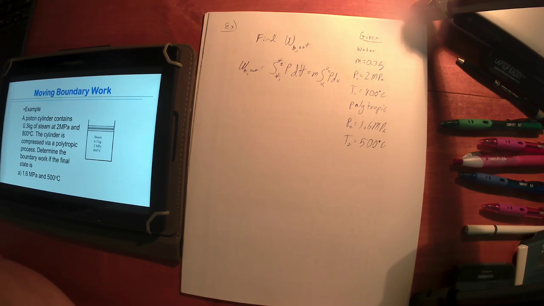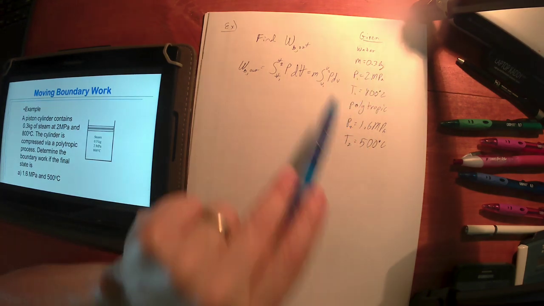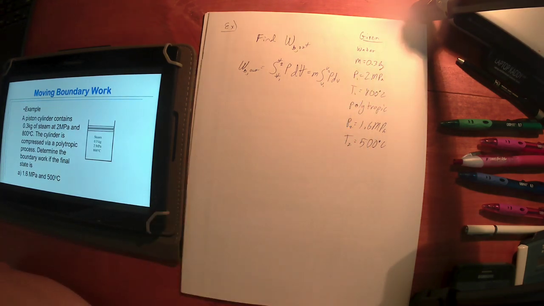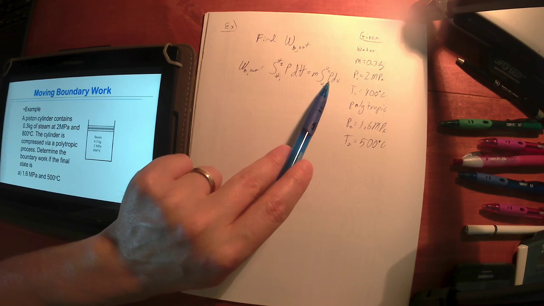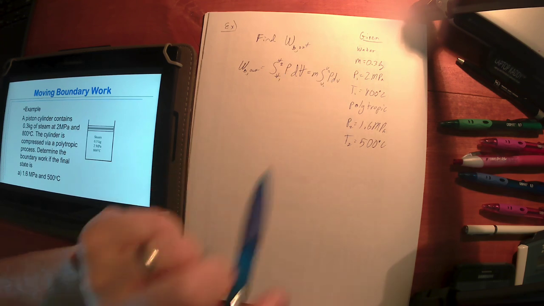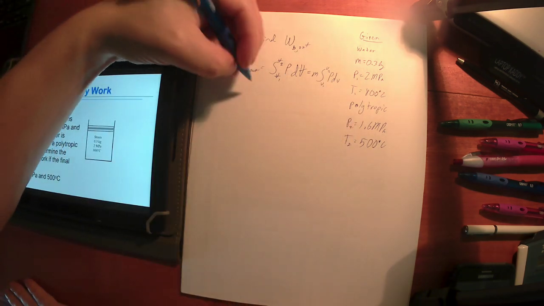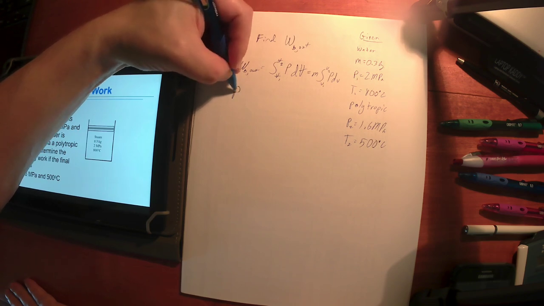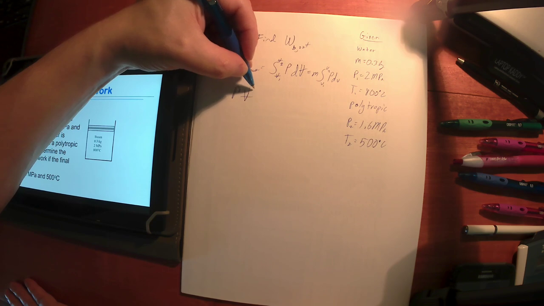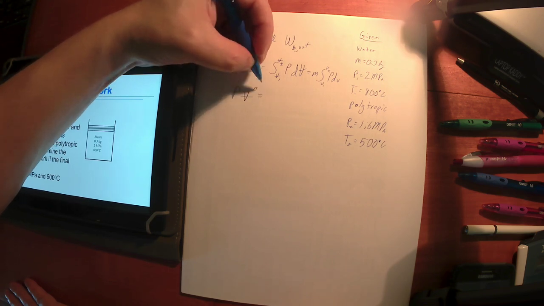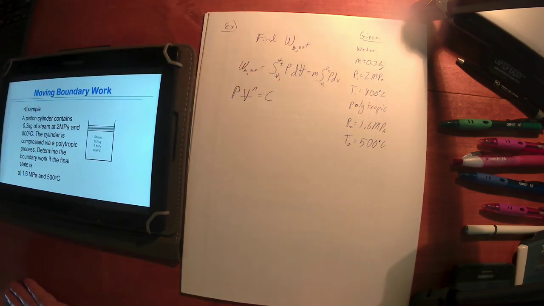Okay, so we know the mass. We know to use the boundary work expression, I need to know how pressure varies as a function of volume. Well, I do. I know because it's polytropic, I also know that PV to some power n, constant value n, is equal to another constant c.